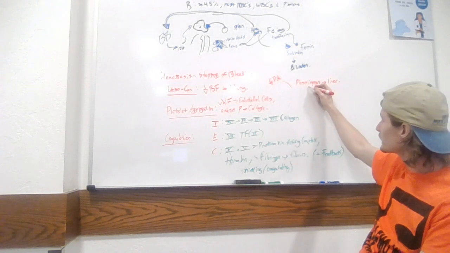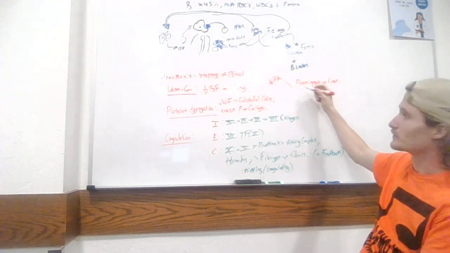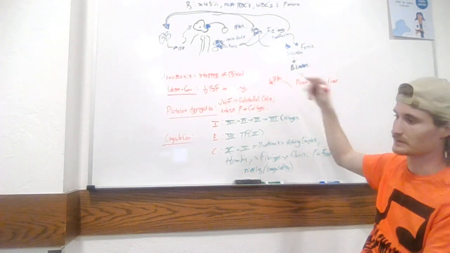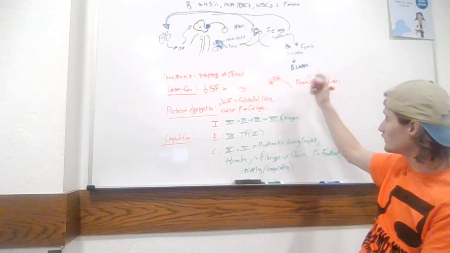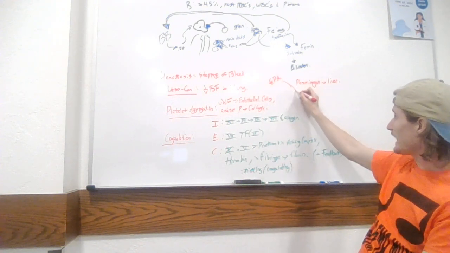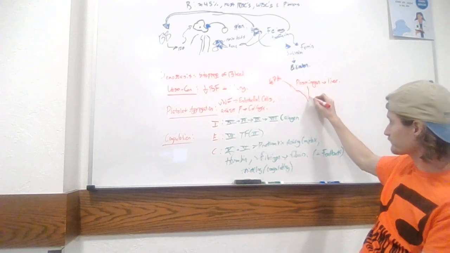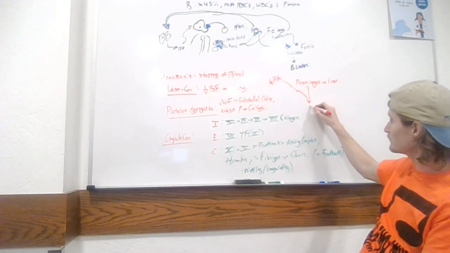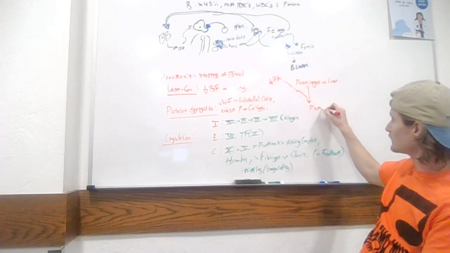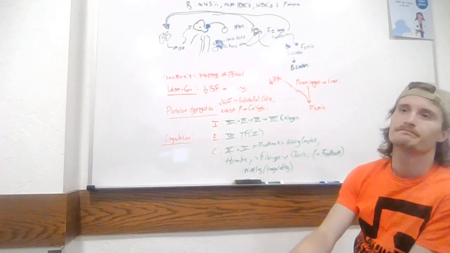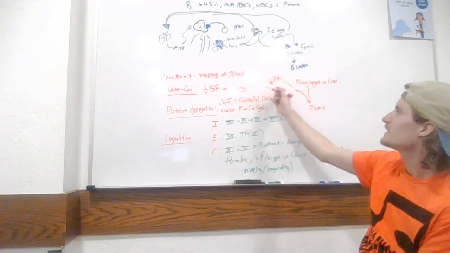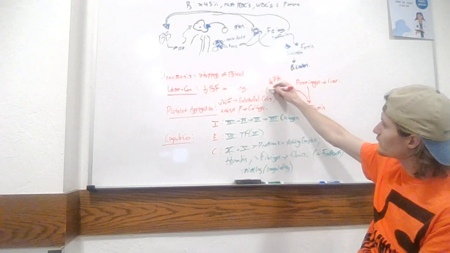TPA will then activate plasminogen, and they will turn into plasmin. And TPA is released by, I think, endothelial cells.